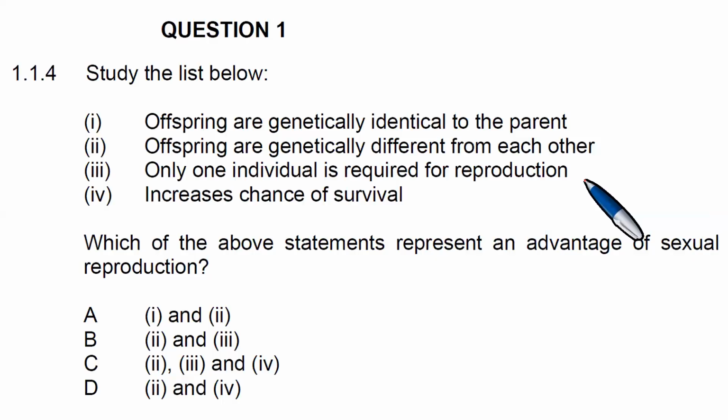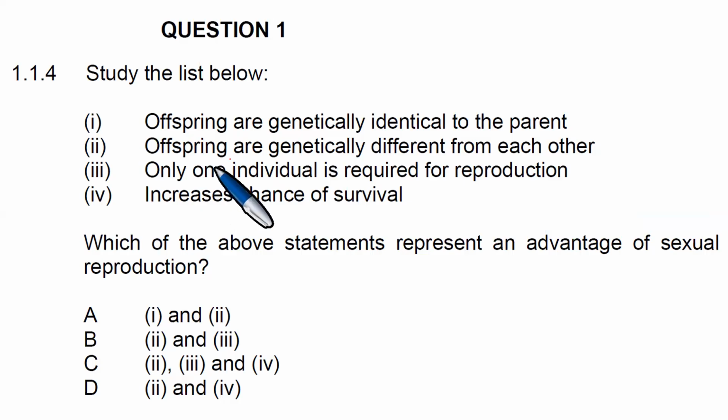Okay. Moreover, it's very important that genetics is understood. Offspring and parent relationship. For instance, you need to be able to study the list below, from the first Roman numeral to the fourth.